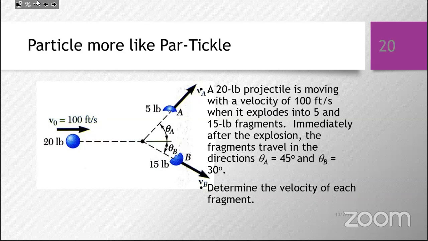So I want to find V sub A and V sub B. What type of problem do you guys think this is? What should we be looking to do here? There it is, momentum. How do we know that's a momentum problem? Well, we're given masses and velocities, and we're asked to find a velocity, right?